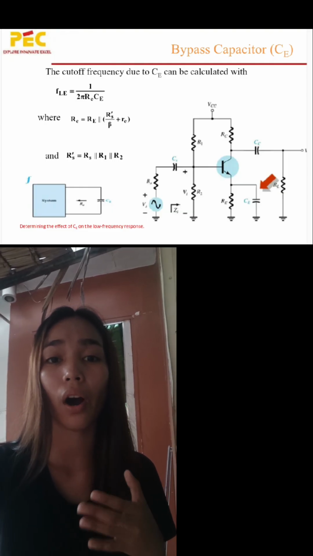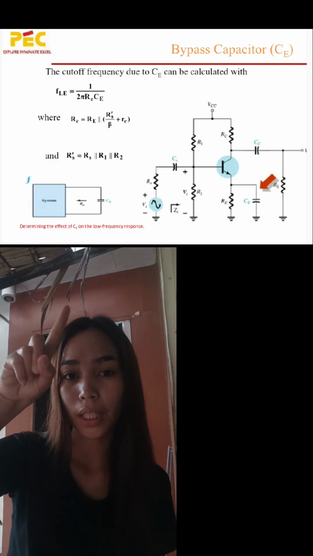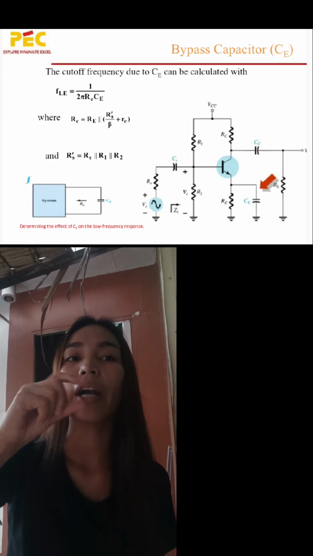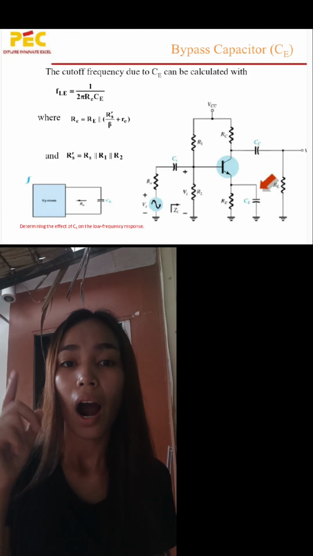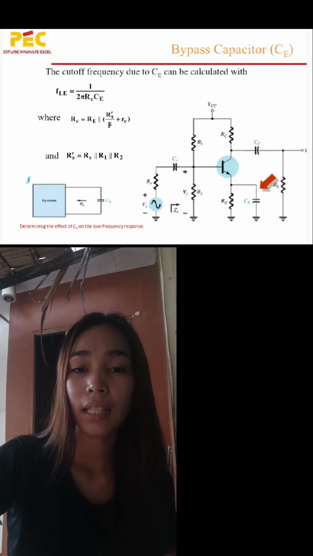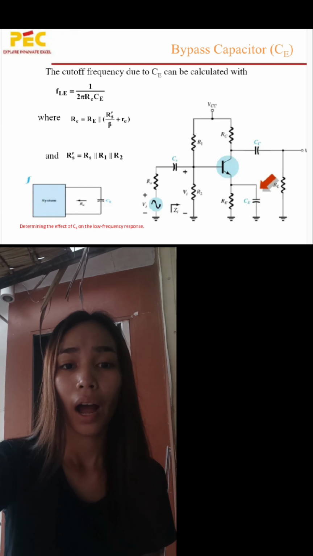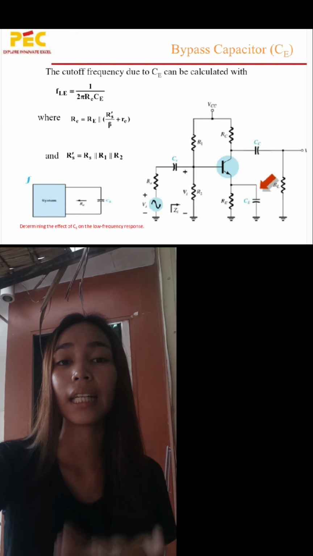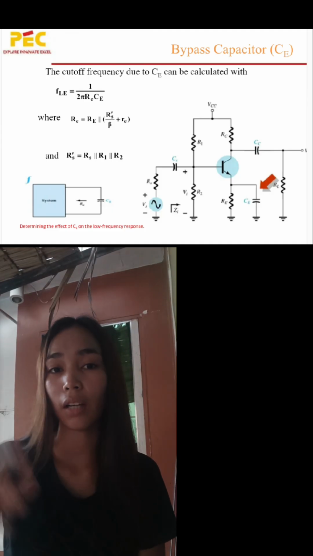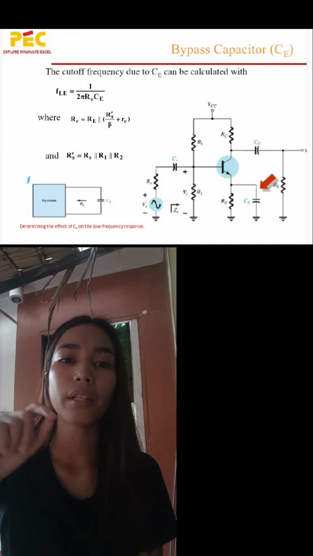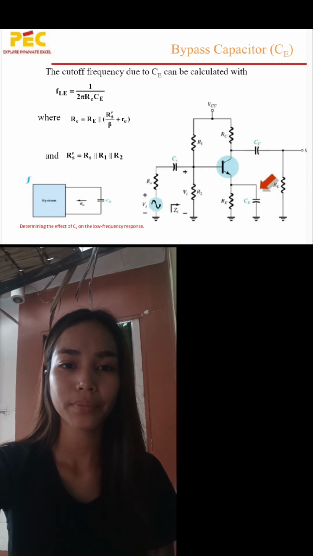Re here is the equivalent resistance, which you can see in the picture, equal to RE parallel to (Rs' over beta) plus re, where re is the small letter. Rs' is the equivalent resistance seen from the base, equal to Rs parallel to R1 parallel to R2.